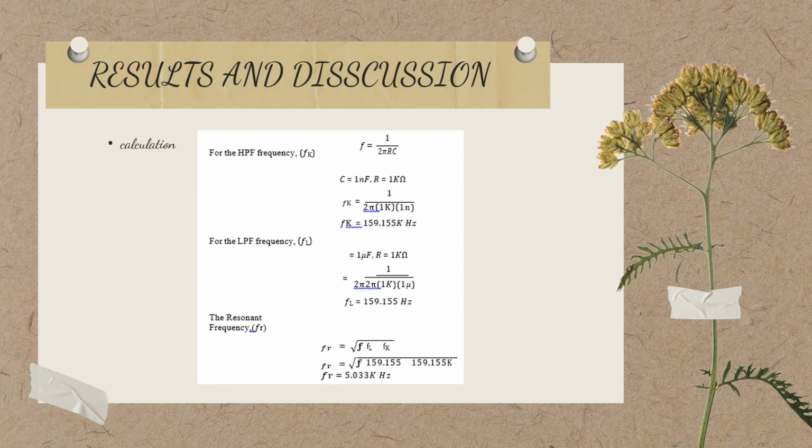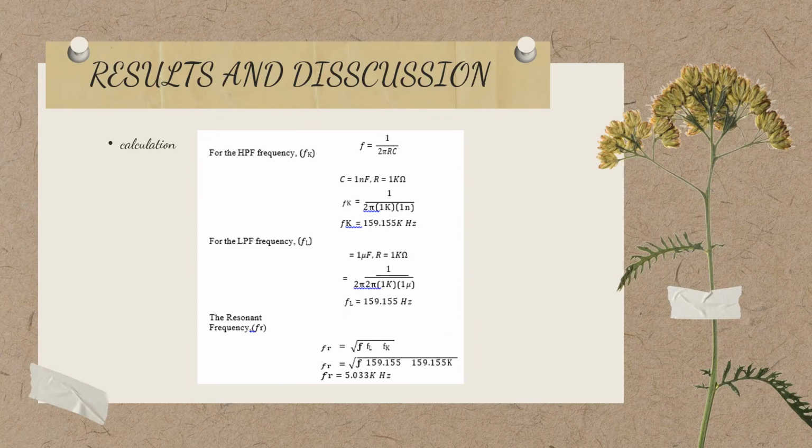We further analyze the circuit by calculating the cutoff frequency F, resonant frequency Fr, and the quality factor Q. The cutoff frequency for this circuit consists of two parts, which are the frequency for the high pass filter and the low pass filter. To get the cutoff frequency, we use the formula F equals 1 over 2 pi RC.